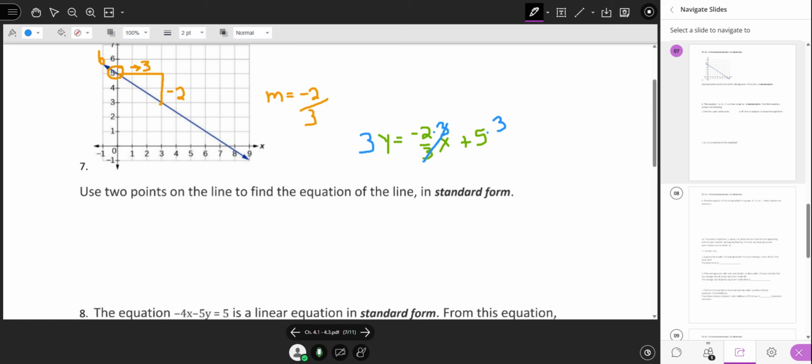If I add 3 kids on one side of that seesaw, I have to add the same amount on everything. So that gives us 3y's equal negative 2x's plus 15. And the last thing I gotta do is get that x to the other side. And because it's going to the opposite side, it takes the opposite sign.